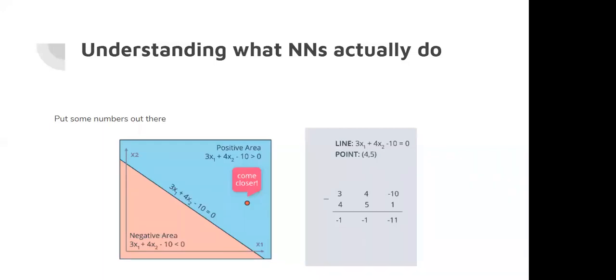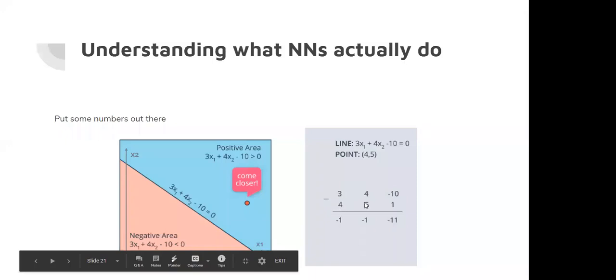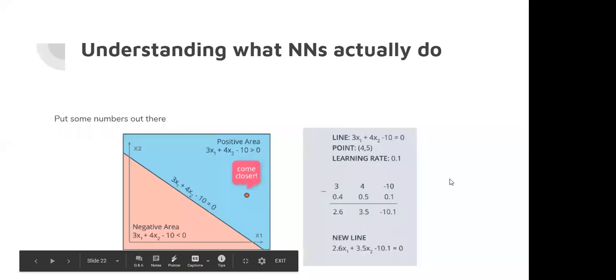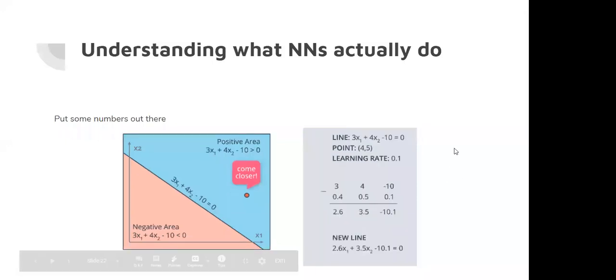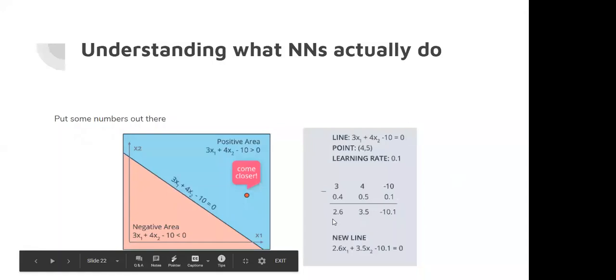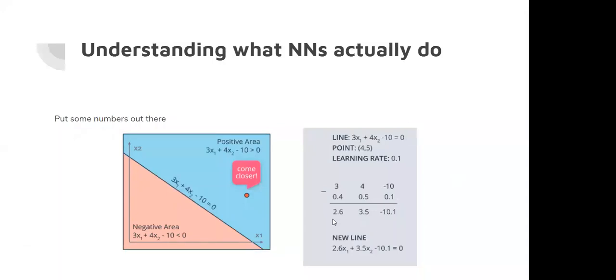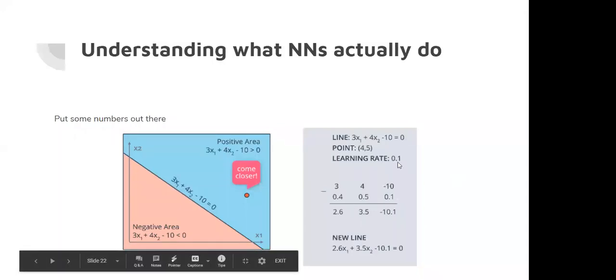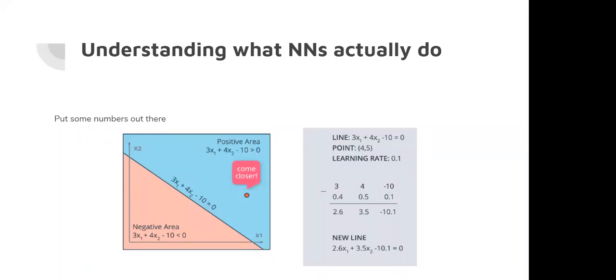So what you do is introduce a factor, and we call this factor the learning weight, so that the line moves, but it moves slowly. It's a number which is less than 1. Well, not really, it doesn't have to be less than 1, but mostly it is.